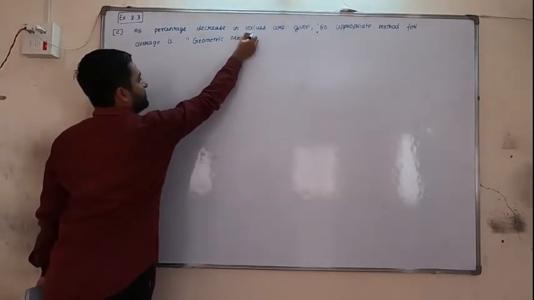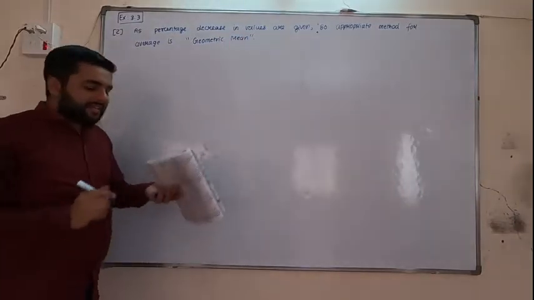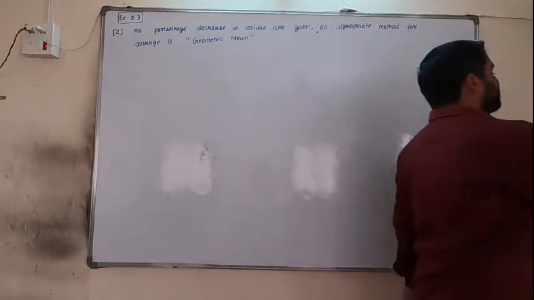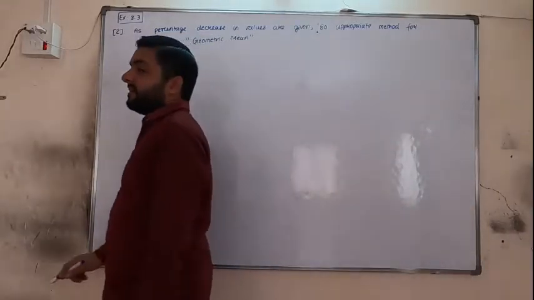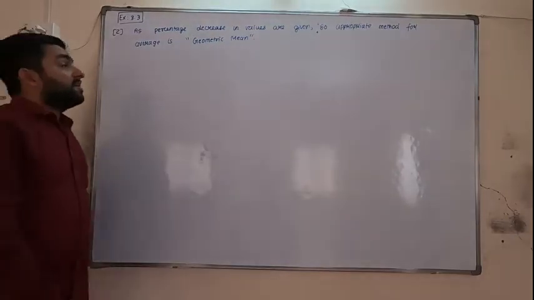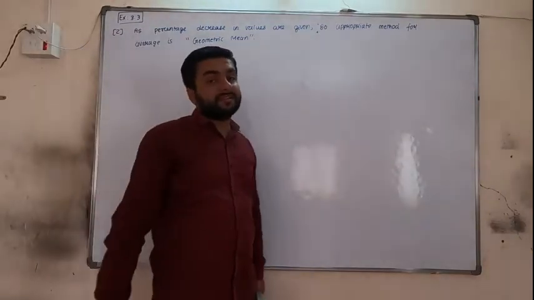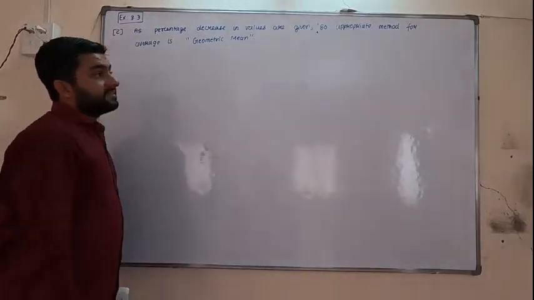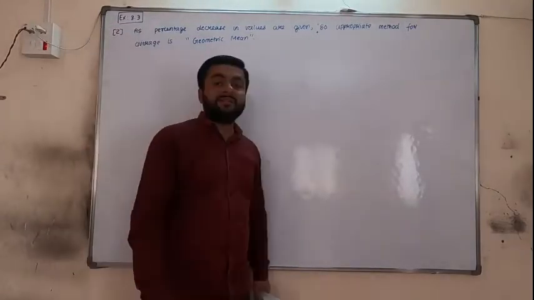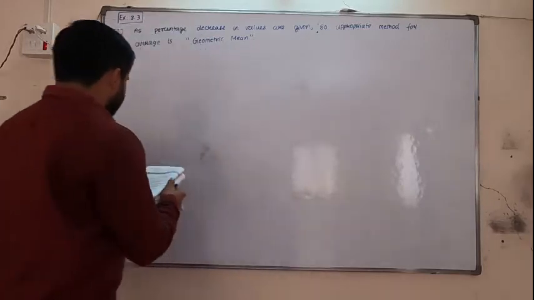Friends, this is also a part of the answer. In the exam, if I ask such a question and you do not write this sentence, then half marks will be cut, because this is a part of the answer. Why do you use geometric mean? You should specify the reason: because the percentage decrease is given, so appropriate method for average is geometric mean.